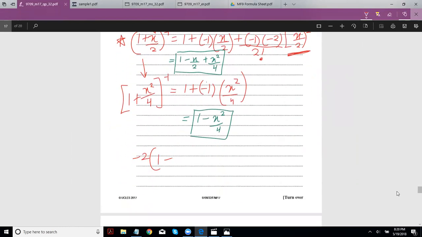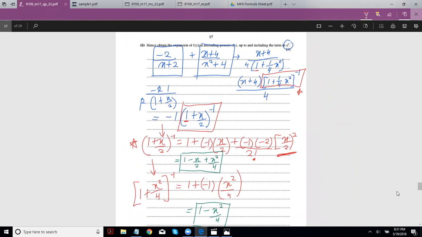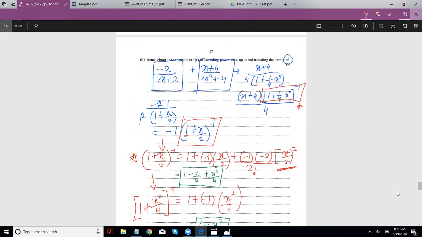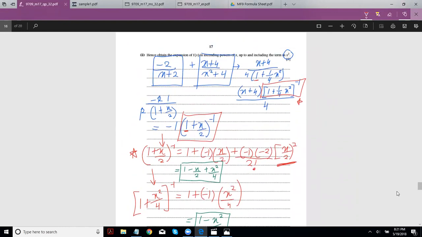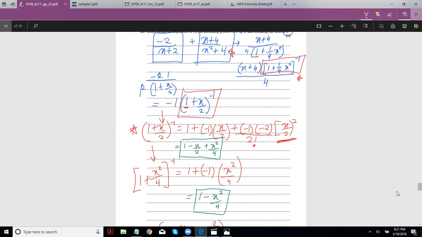So that's 1 minus x upon 2 plus x square upon 4. Then we have x plus 4, and that's going to be multiplying with, well, I know here it looks like it's dividing with x squared plus 4, but what we expanded wasn't x squared plus 4. What we were expanding was this 1 plus 1 upon 4 x squared raised to power minus 1.